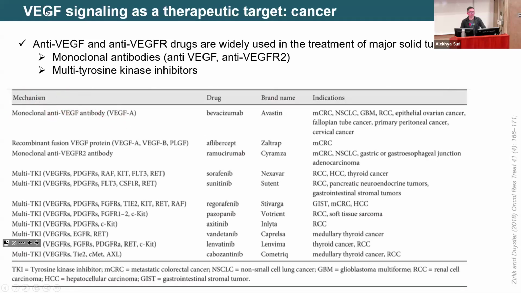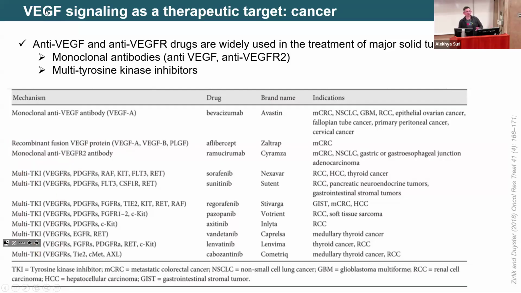This antibody sequesters the signal so that the signal can't act on the receptor. There's a recombinant VEGF protein that mimics VEGF and binds to the receptors, but it doesn't cause activation of the signaling pathway. And then there are antibodies against the receptor, and then there are tyrosine kinase inhibitors.